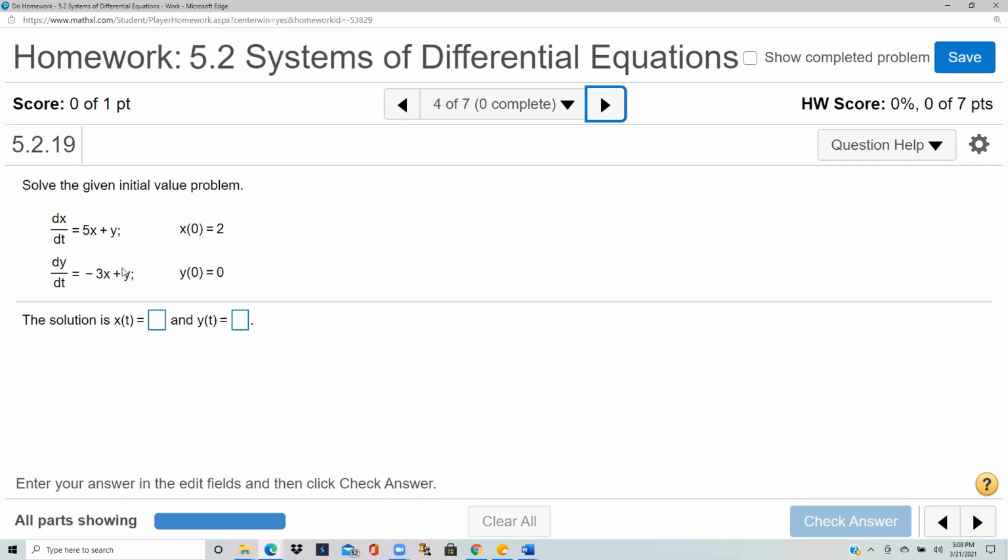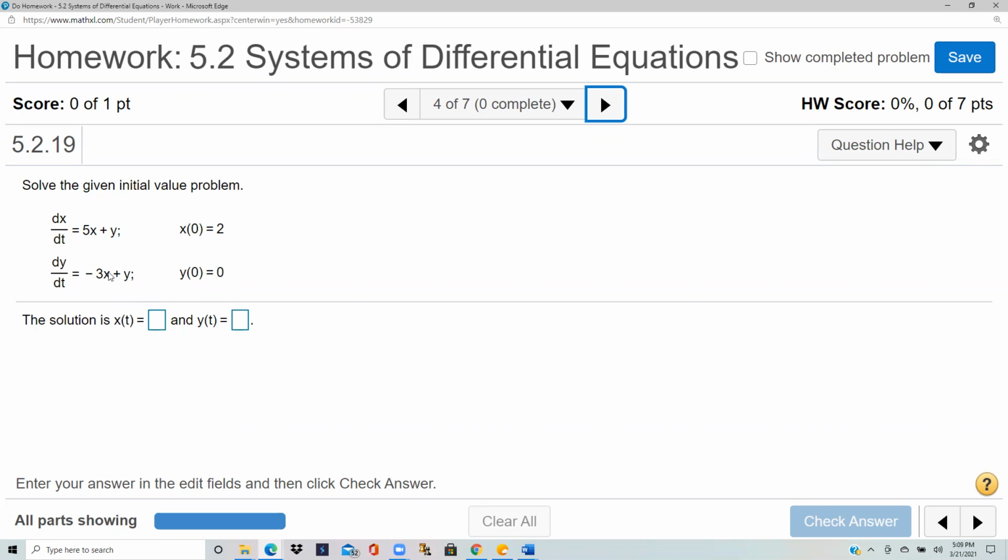For example, if we try to solve this for y, actually it is. So if we solve this for y and substitute in this one, then y is eliminated and we do get everything in terms of x.